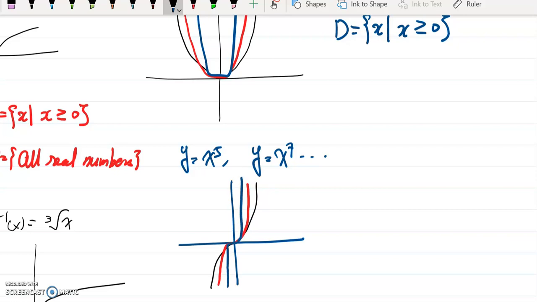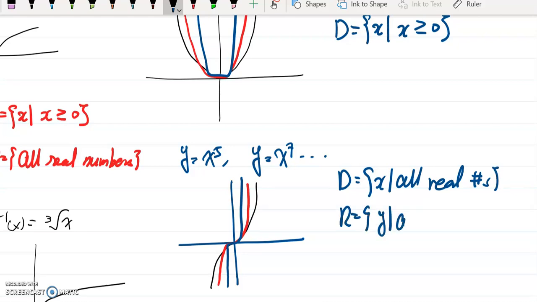Okay, so in this odd function case, domain and range both cover all real numbers basically. So this case the domain is all real numbers basically. Okay, so I'm going to say the range is also all real numbers.